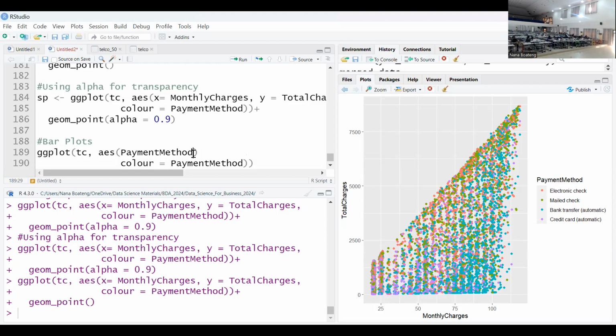And then this payment method, we want to fill it so that it will give us colors according to the payment method. Fill is equal to payment method. So this time around, we are not using color.